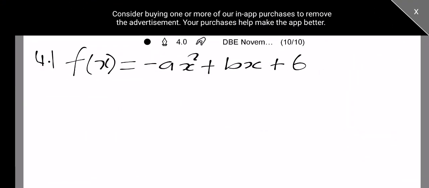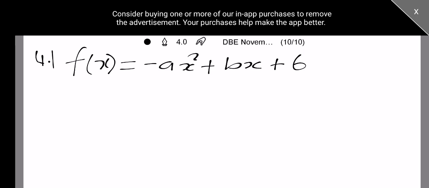Now, remember from the applications of calculus, the first derivative of the function gives you the gradient to the tangent of that function at that particular point, if given the point.